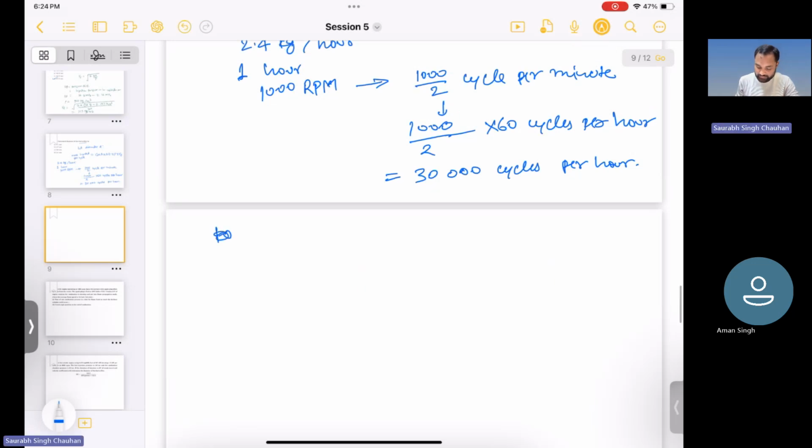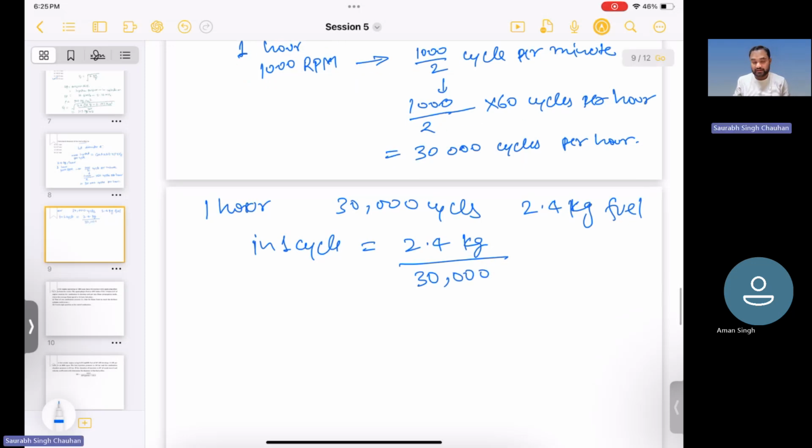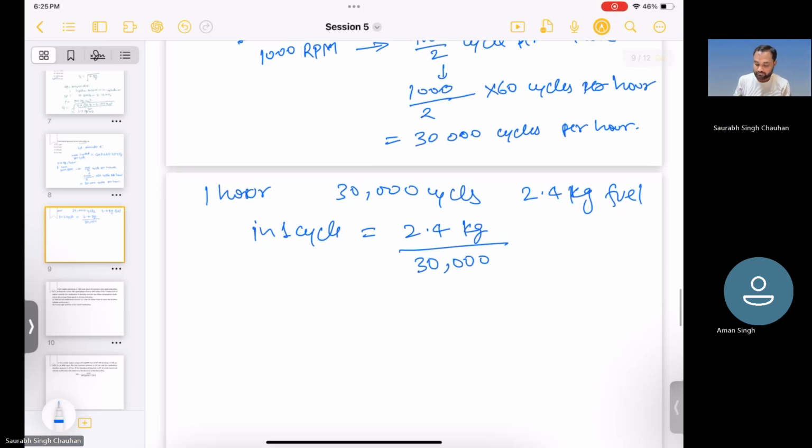So in 1 hour, there are 30,000 cycles and 2.4 kilogram fuel is consumed in 1 hour. Okay. So in one cycle, 2.4 kg divided by 30,000, right? So this will be fuel consumption in one cycle. Correct.